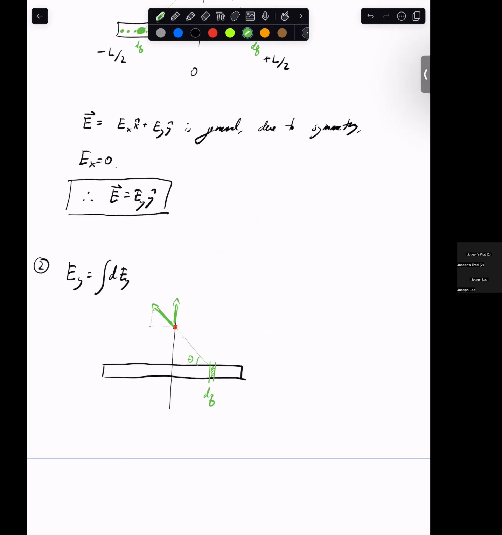We need the sine of that angle because that'll give us this component here, which is exactly the same as the green arrow I drew to the right. Now we can write this in terms of the total electric field: if this is some component dE, then dEy is this component pointing up.